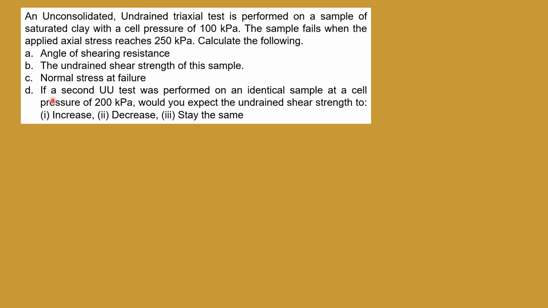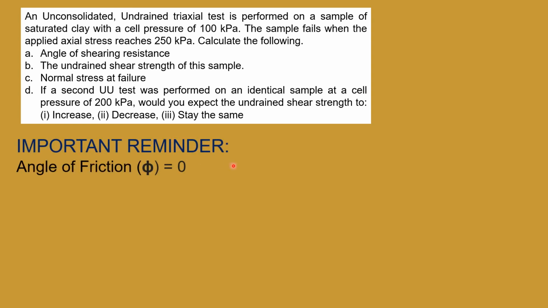So, the letter D: if a second UU test was performed on an identical sample at a cell pressure of 200 kilopascals, would you expect the undrained shear strength to increase, decrease, or stay the same?